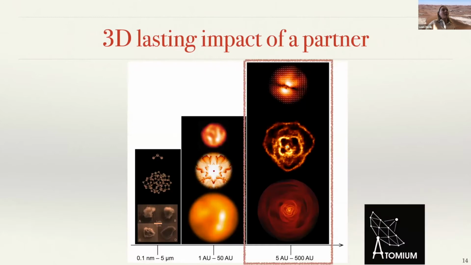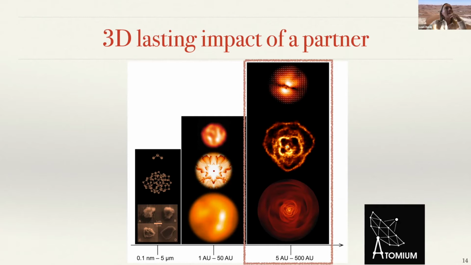And so, as I told you, this is the focus of today, and this is one of the things we are trying to tackle with the ATOMIUM large program. What is this large-scale correlated density structure that we can see here in this wind? And so this was a bit of the introduction.